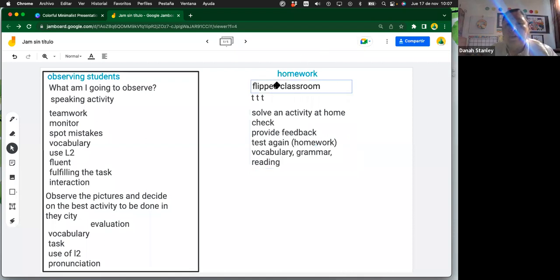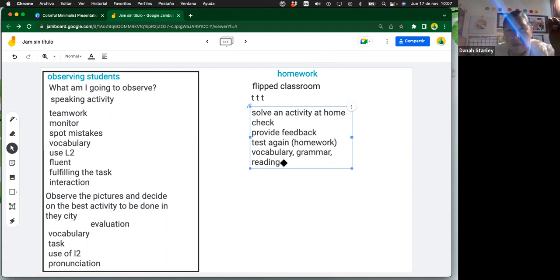So if you do this flipped classroom, for example, for a reading, not necessarily homework, but if you are going to talk about, no sé, the Nat Geo, ya ven that at the end you needed to make a project of a video of 100 seconds, something like that, no? I don't remember quite well the topic of your video.